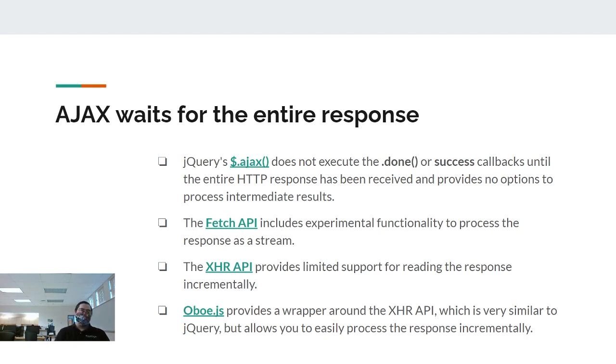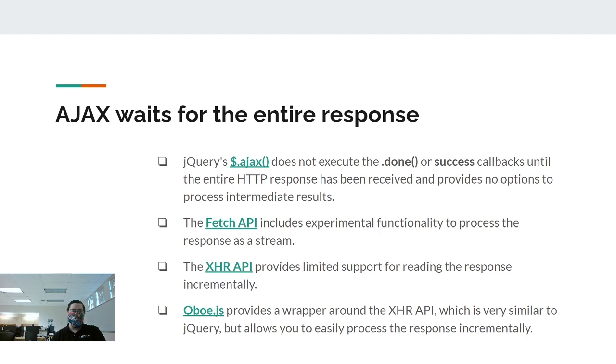Another option that's out there, and I think there are potentially some other ways to do this, is Oboe.js. It's another library you can get, and it provides a wrapper around the XHR API, and that wrapper turns out to be very similar to how jQuery works, so it's pretty easy to swap in.